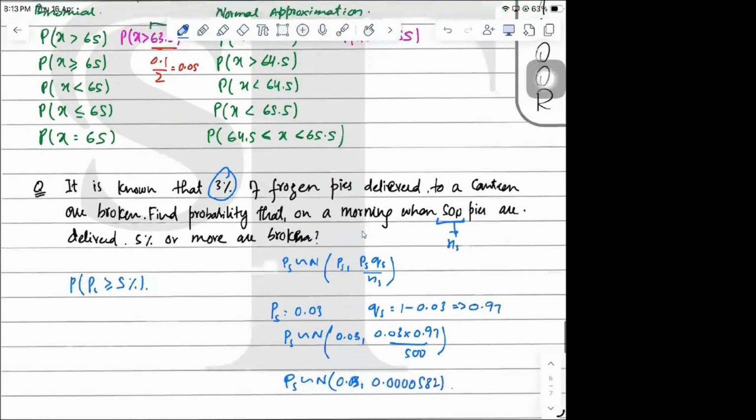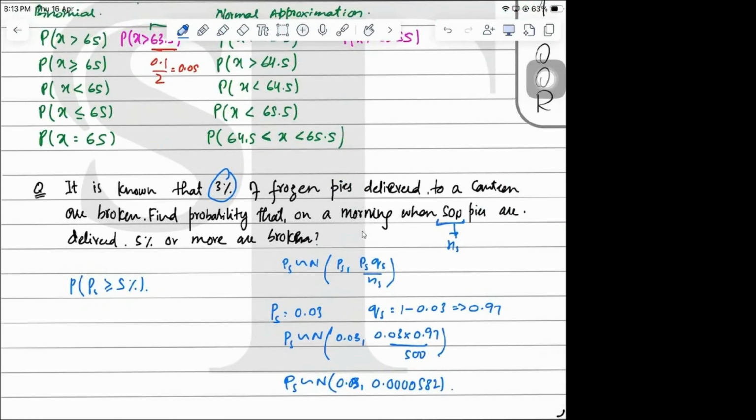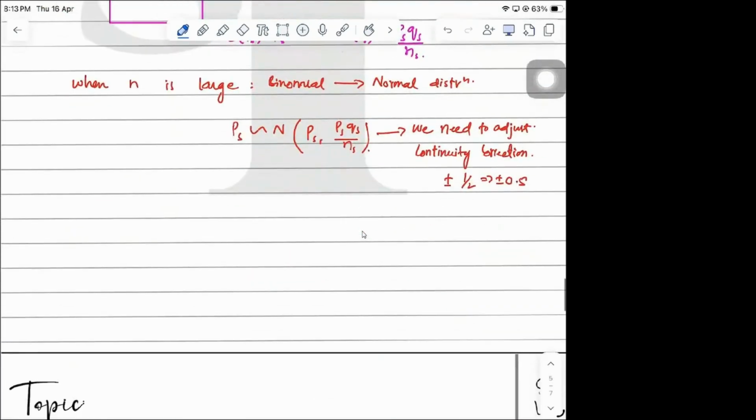Okay, so I will go with the continuity correction for this one. And remember one thing: when we need to adjust the continuity correction for proportion, it will be plus minus 1 upon 2n_s. When we are dealing with the proportion, we always go with it. 1 upon 2n_s means 2 times the sample size.